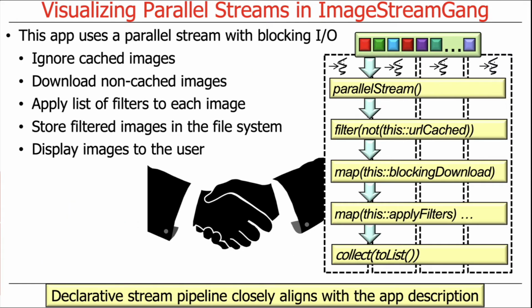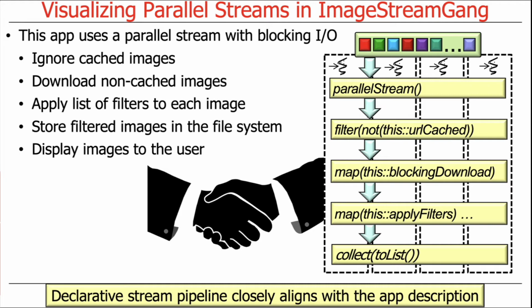What I want you to appreciate at this point is how the use of declarative mechanisms in Java streams maps pretty much one-to-one onto the domain intent that forms the description of what the program was doing. As you're going to see here, we're going to essentially ignore cached images, so we're going to filter out images that are already there.